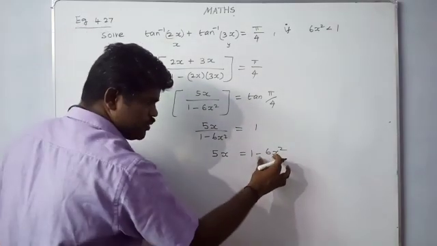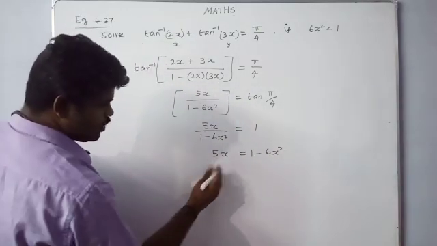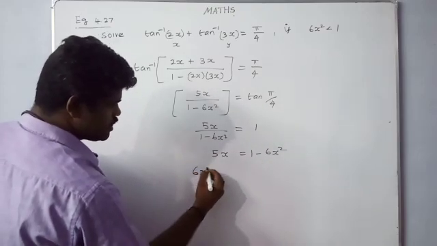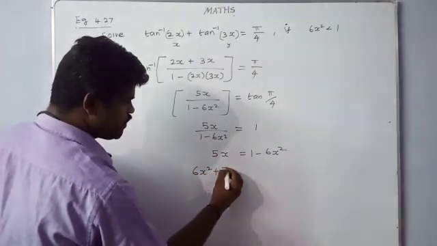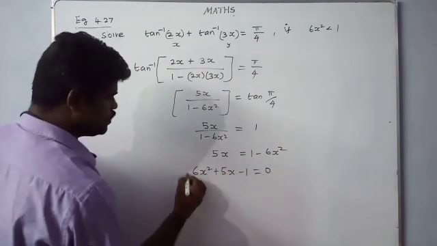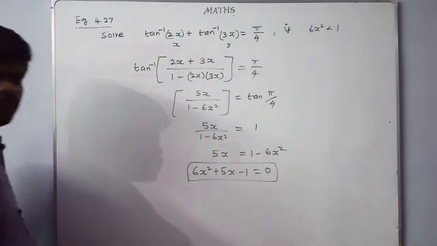Now take these two terms to the LHS side: minus 6x square comes to plus 6x squared, and here plus 5x, and plus 1 comes to minus 1, equal to 0. This is the quadratic equation.